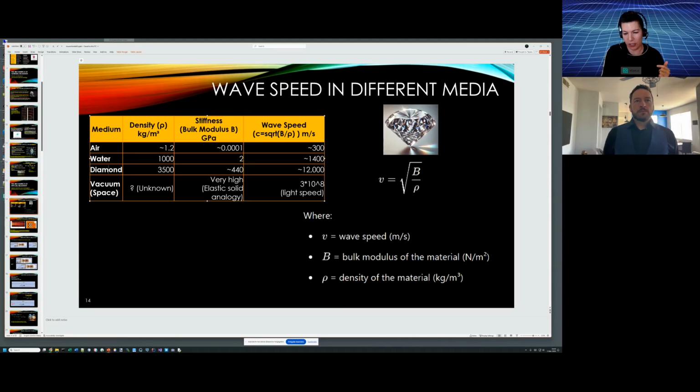So the question is, what kind of properties would that medium need to have for it to have such a large wave speed? The speed of the wave can be derived from the bulk modulus of the medium. It has to do with the stiffness and the density of the medium. So it's got to be super, super stiff, much stiffer than diamond.